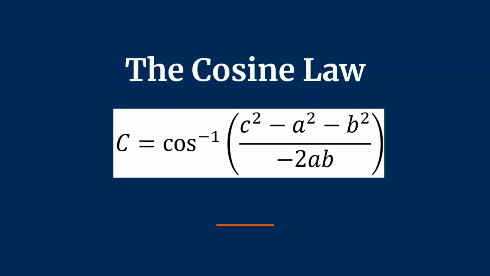And so what's really important here is that the angle you're looking for is the angle that you've put first in that numerator. So angle C has to match side C, and then the other sides are A and B, and they go in just those other places. They don't get that prime position. They just fill out the rest of the formula.